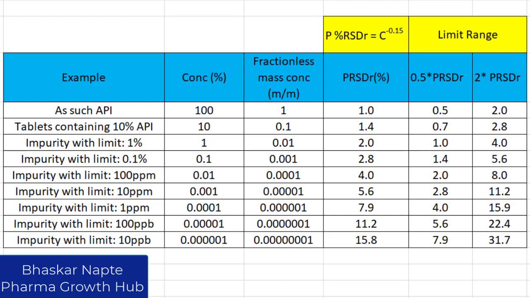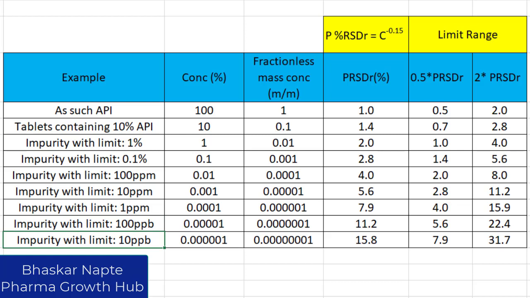So I have taken the example. You can see here, the example is as such API or the tablet containing 10% API, impurity with 1% limit, with 0.1% limit, the impurity with 100 ppm limit, 10 ppm limit, 1 ppm limit, 100 ppb limit, and 10 ppb.